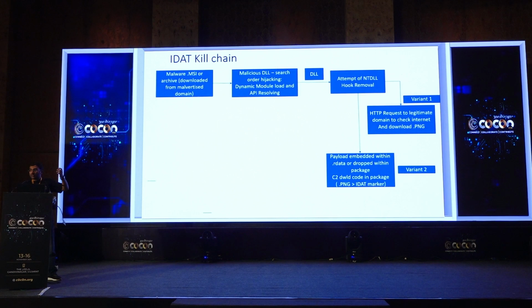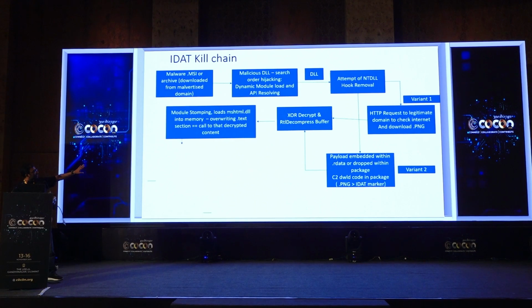The PNG file holds the shellcode. It gets downloaded from a remote C2. That's variant 1. Variant 2 will actually have the PNG file in its rdata section, embedded within the main binary. So that's the first level, or easy clue, for differentiating the first and second variants. Rest everything remains the same.